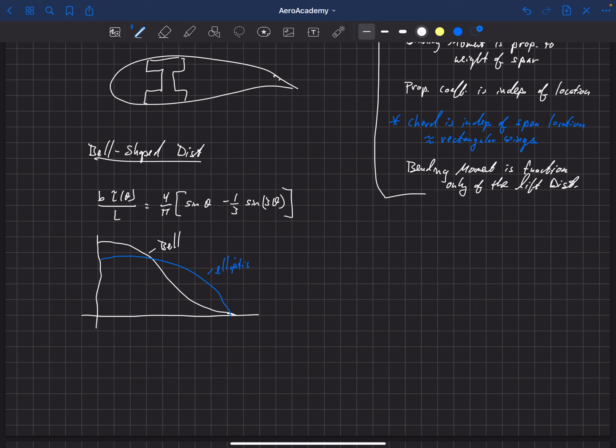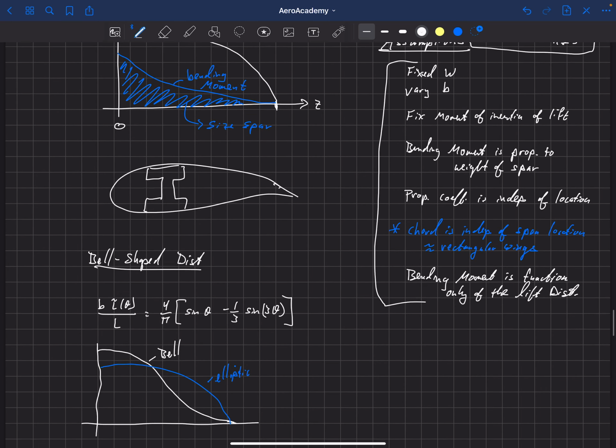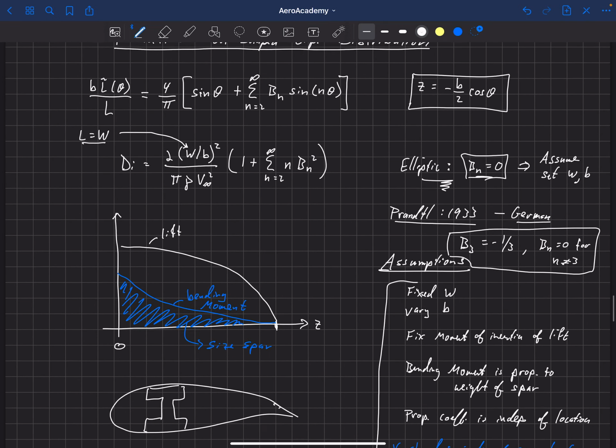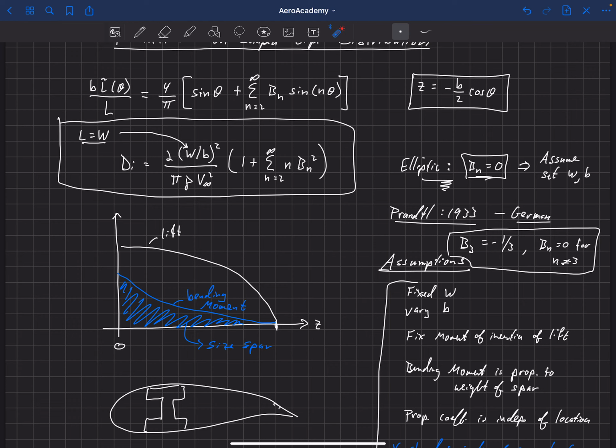Okay, it's very important to understand that Prandtl never claimed that this is a global minimum to this problem. Again, I want to box this problem. This is our fundamental equation that we're trying to minimize. And the key here is that all these things are related: the weight, the wingspan, and the lift distribution are all related. But he never claimed that he found a global minimum.